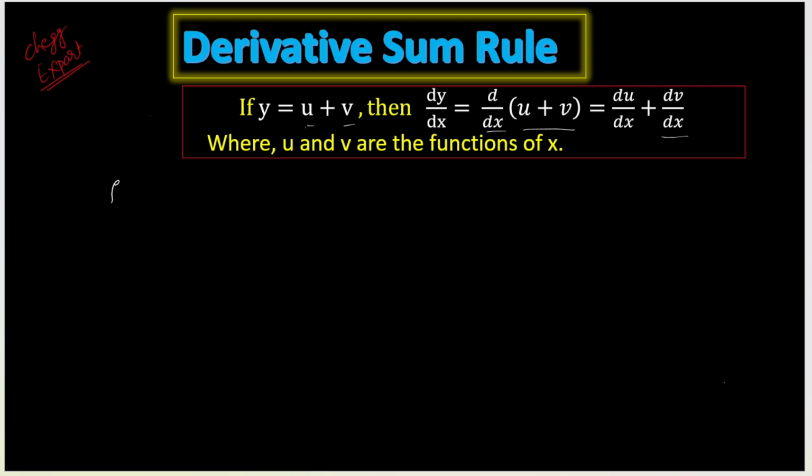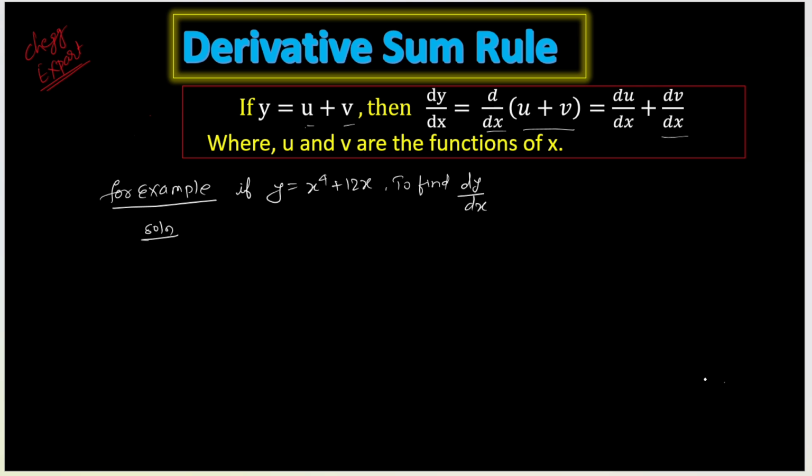For example, if y is equal to x to the power 4 plus 12x, find dy by dx.